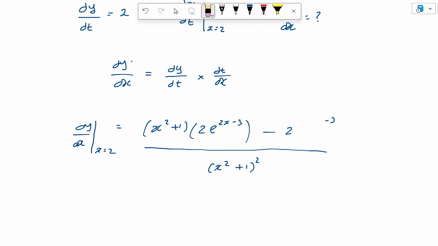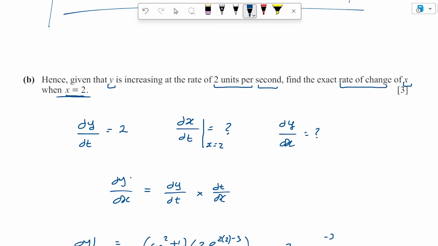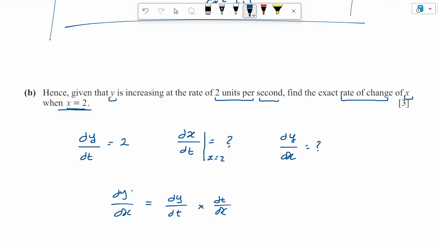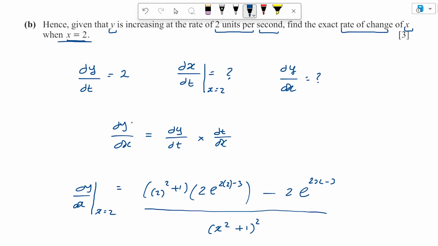So let's substitute all the x with 2. I'm just going to do it directly in this thing here. Did I just miss something? Okay, yeah, I missed the exponent. 2x minus 3, that's going to be x substituted by 2, minus 3.